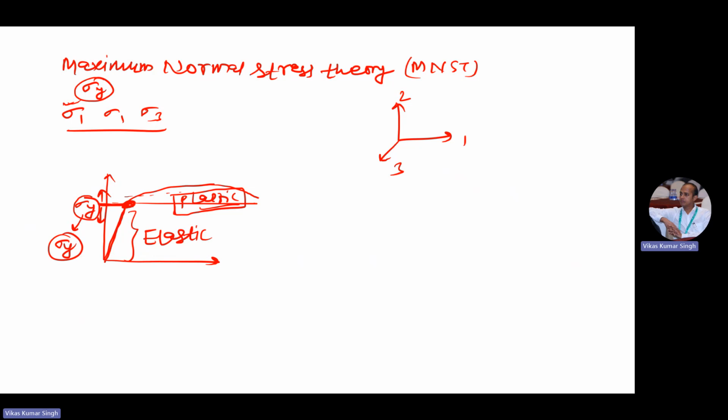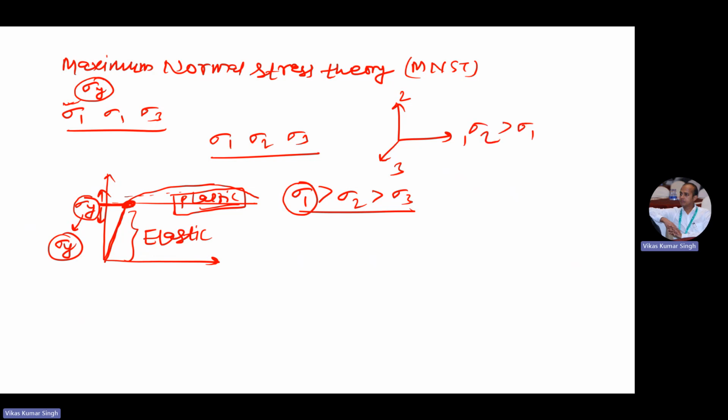Suppose we have these three principal stresses, sigma 1, sigma 2, and sigma 3, and sigma 1 is greater than sigma 2, which is greater than sigma 3. So which one is the highest? Suppose this one. People can also write sigma 2 greater than sigma 1 greater than sigma 3; this is all for convenience. Suppose this is the greatest one.